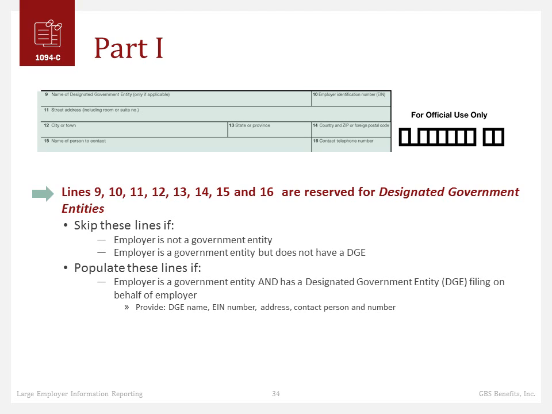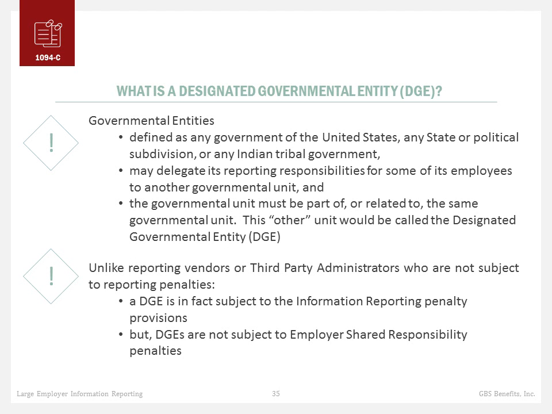Now, the only difference in having a DGE fill out the forms for you versus a third-party entity or vendor is that those who are vendors or third-party administrators are not subject to reporting penalties.